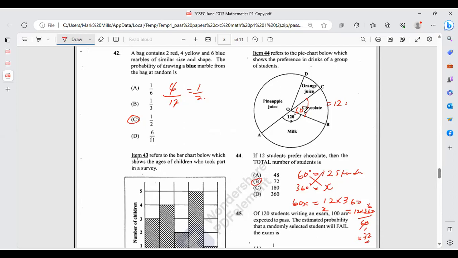So if 60 gives you 12, how many 60s can you get in 360? 6. So 6 times 12, what do you get? 72. So I did it a different way and you still get the same answer. You get it now? Okay, good.